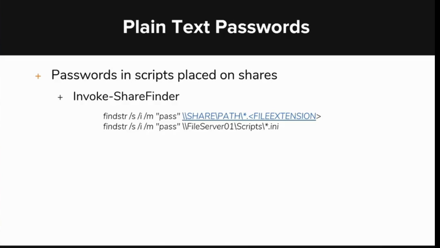Then specify the location of the share that you want to scan. So if we take a full example, on the second line of the command, I have specified findstr, I'm looking for the word pass, and I'm looking at the share fileserver01, in the folder scripts, and I'm specifying any file name that ends with the extension .ini.